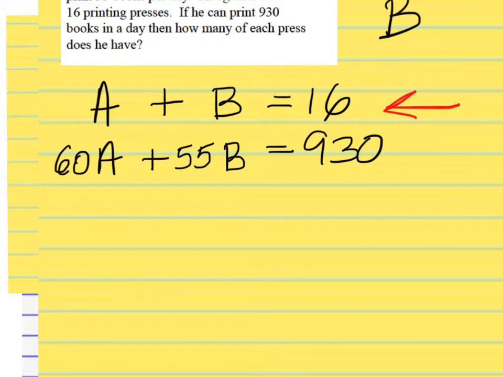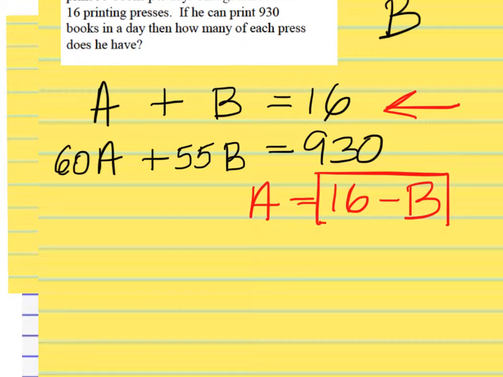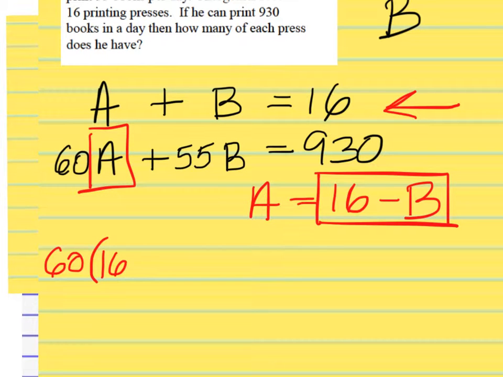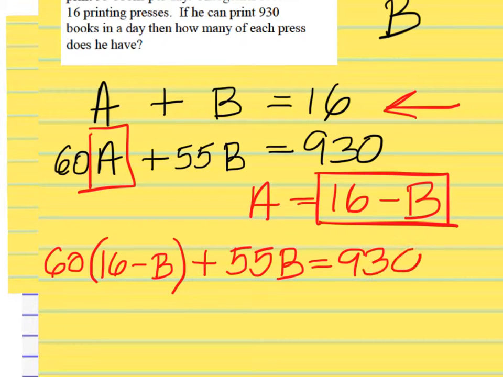And instead of A plus B equals 16, how about A equals 16 minus B? Simply moving the plus B to the right side. You can insert this expression in here for A. That is 60 times the quantity of 16 minus B, close the quantity, plus 55B equals 930.